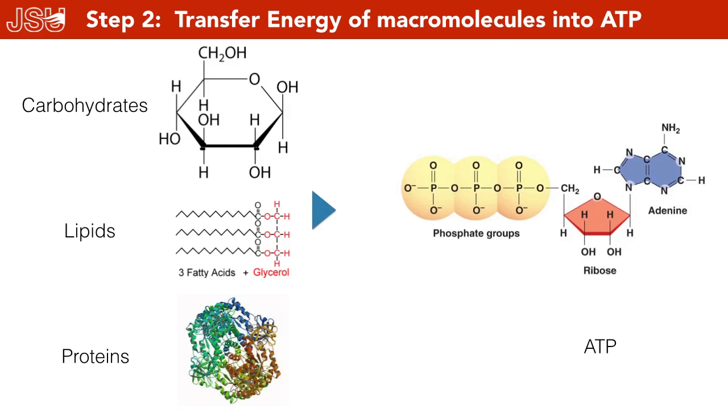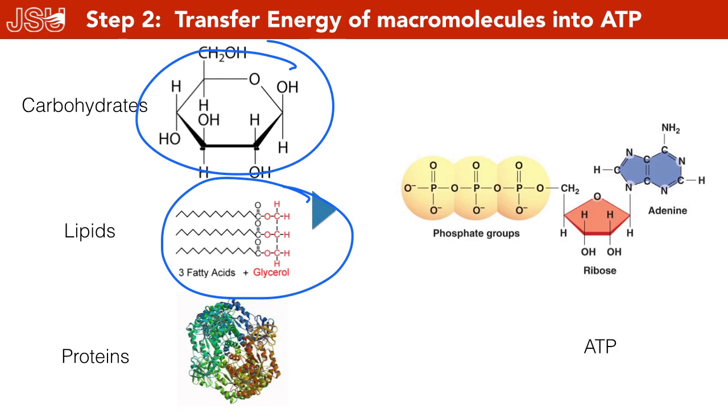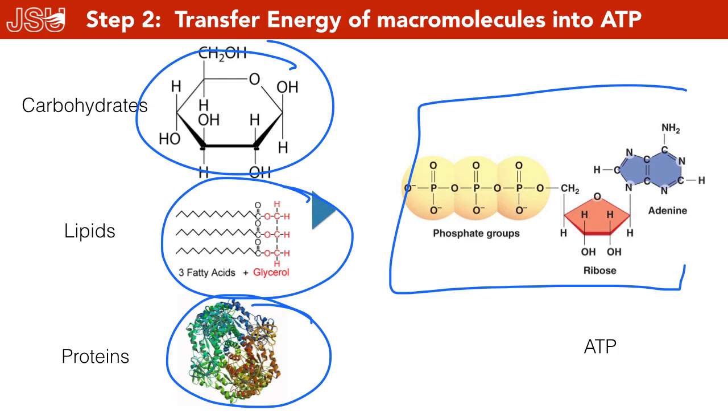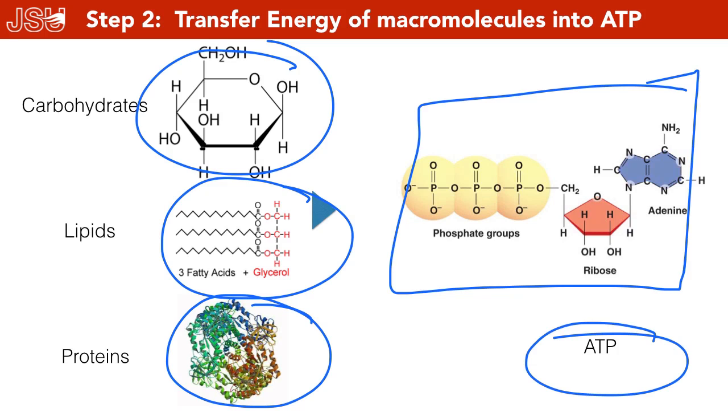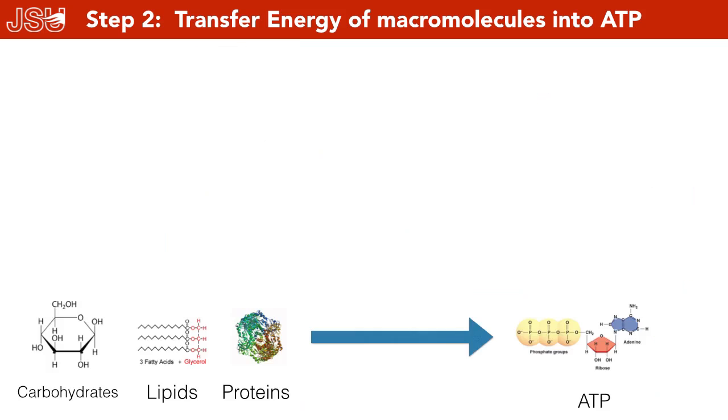This is what we are concerned about. We are converting things like carbohydrates, lipids, proteins into this energy carrier that we have come to all know and love, called what? What's it called? ATP. All right.